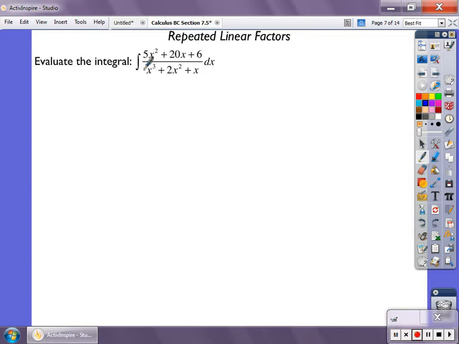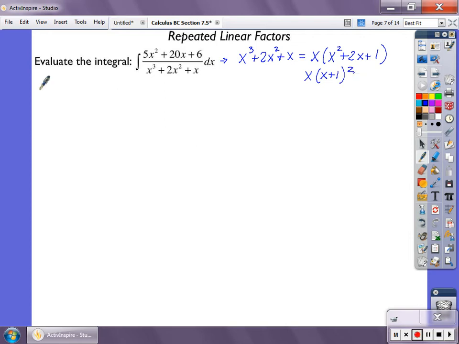First, we need to factor the denominator. So I know that the x cubed plus 2x squared plus x has a greatest common factor of x. We'll be left with x squared plus 2x plus 1. And then this part here will factor into x plus 1 squared.